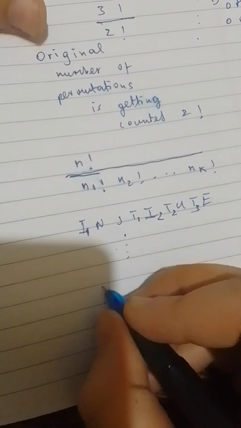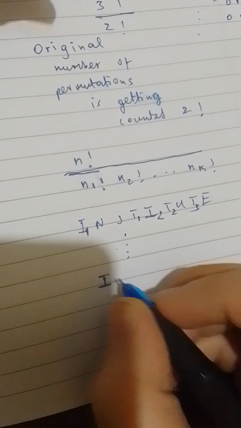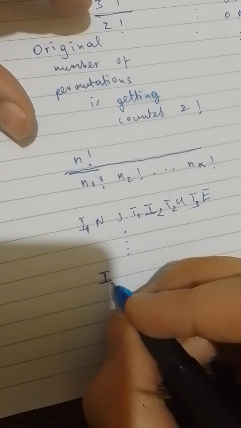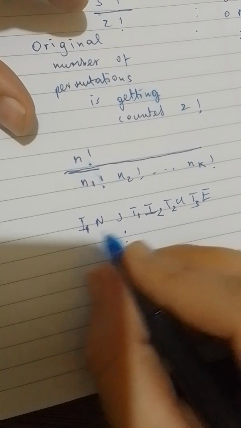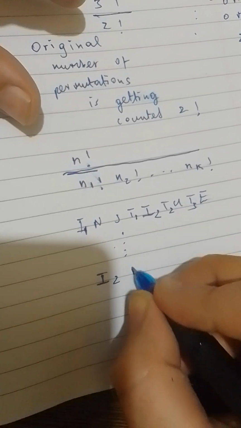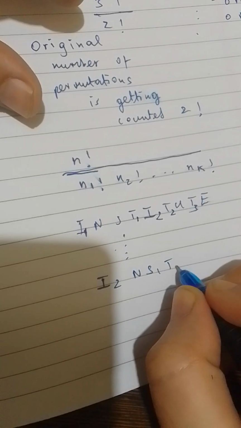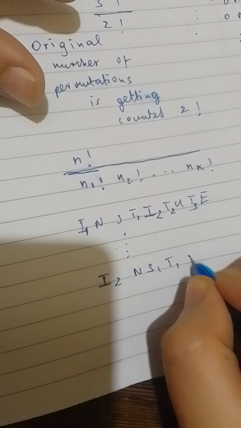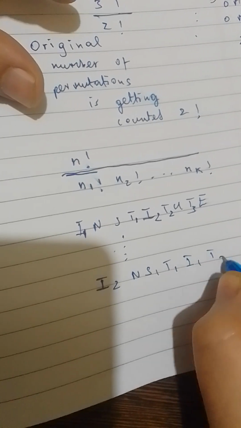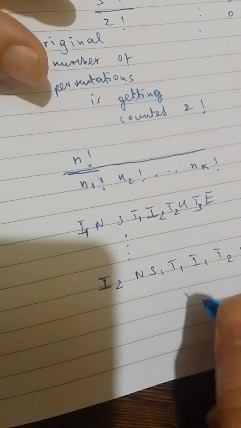For the same permutation I could have had I2 here, and S1, T1 and I1 here, and T2 U T3 E. I could have it like this as a permutation.